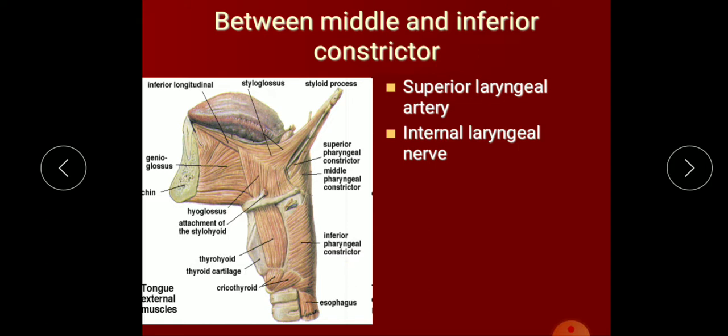It is the internal laryngeal nerve. So after piercing the thyrohyoid membrane, it is entering inside the larynx so as to give sensory innervation there. Okay. So that is how you get these two structures there.